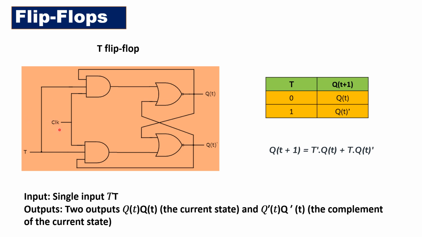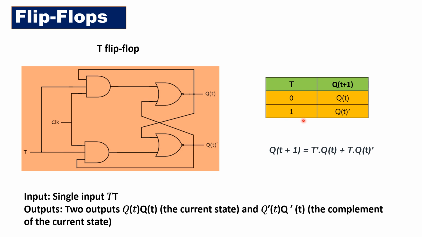When the clock signal transitions either positive or negative, the flip-flop evaluates the input T to determine the next state. The input conditions correspond to T is equal to 0, the output Q of t remains unchanged and the state is said to be hold.